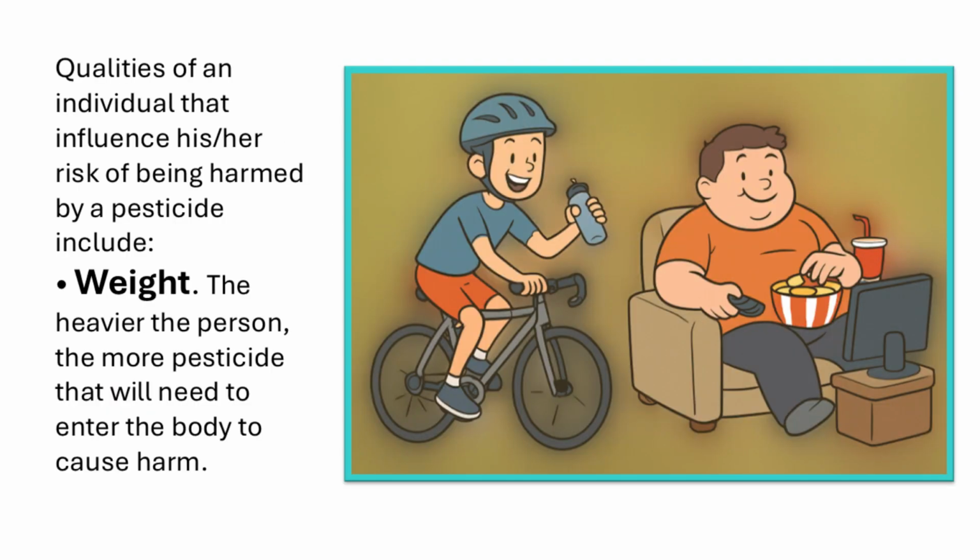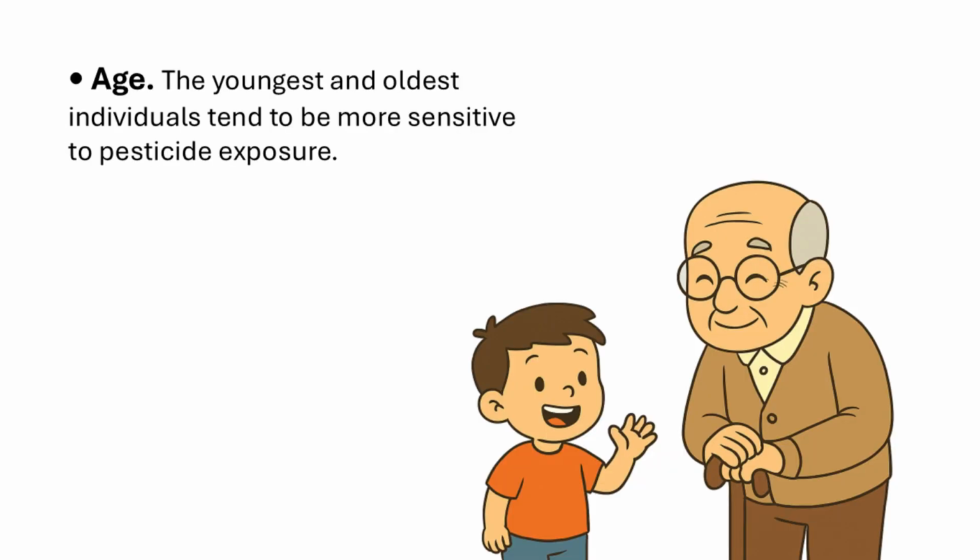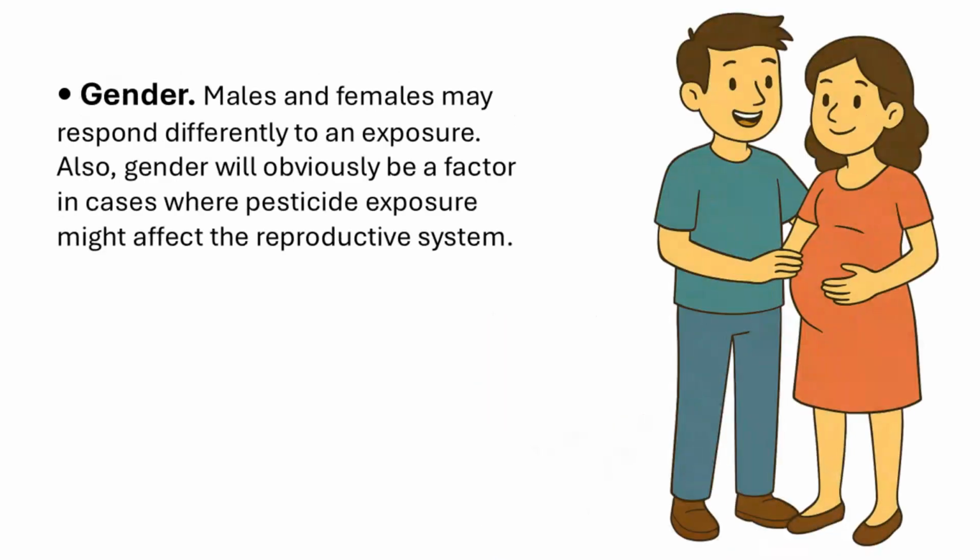Qualities of an individual that influence his or her risk of being harmed by a pesticide include weight. The heavier the person, the more pesticide that will need to enter the body to cause harm. Age. The youngest and oldest individuals tend to be more sensitive to pesticide exposure. Gender.